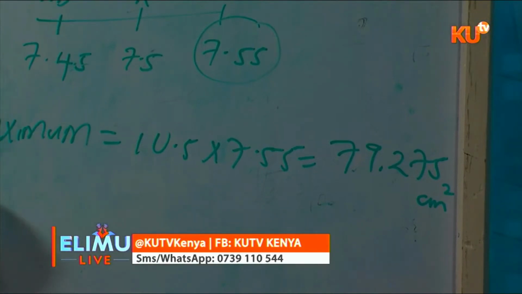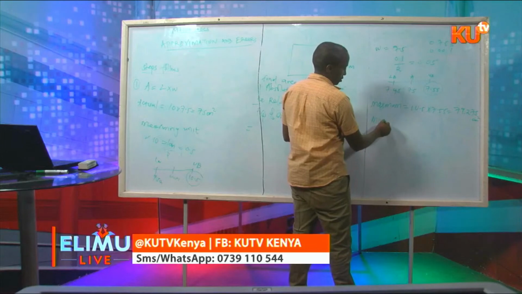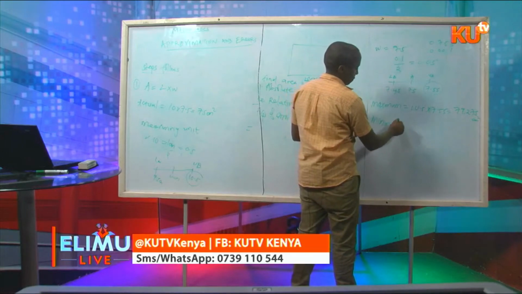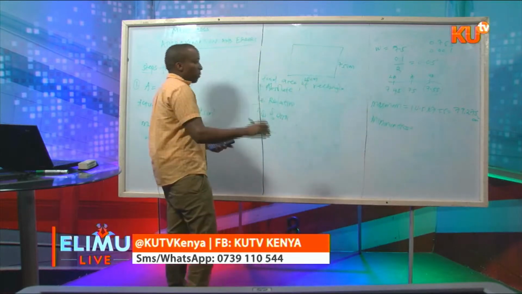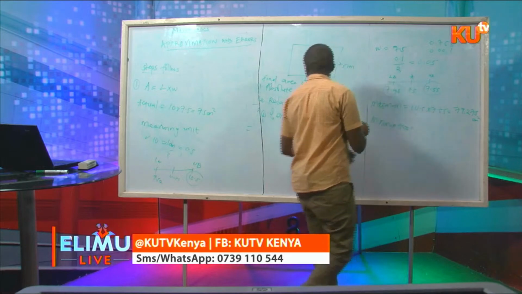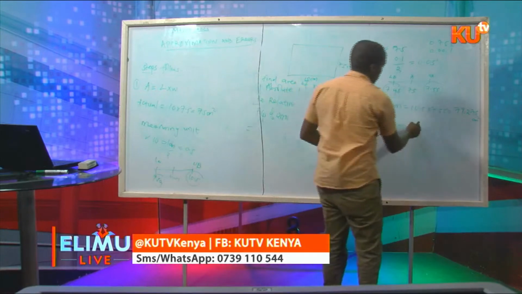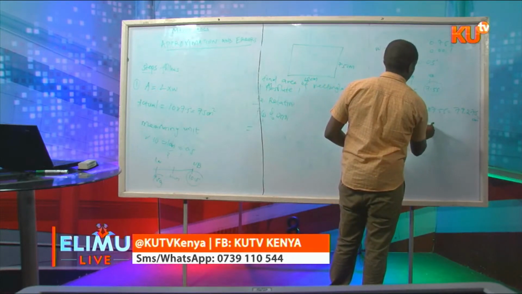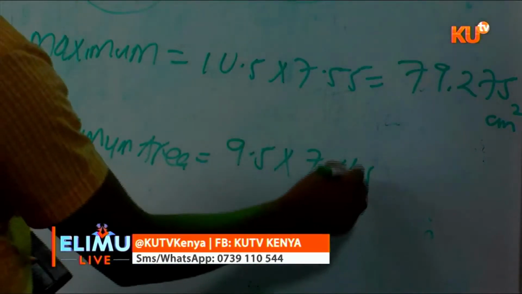Now we get our minimum area. The minimum area is given by the lower bound of our measurements. So we have 9.5 multiplied by 7.45.